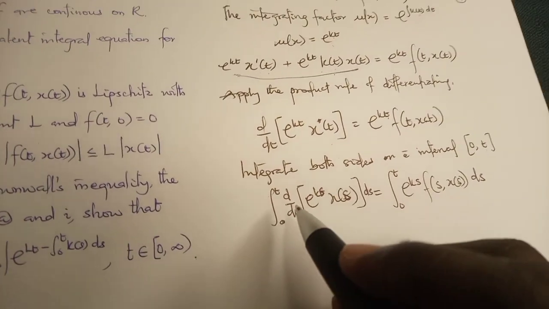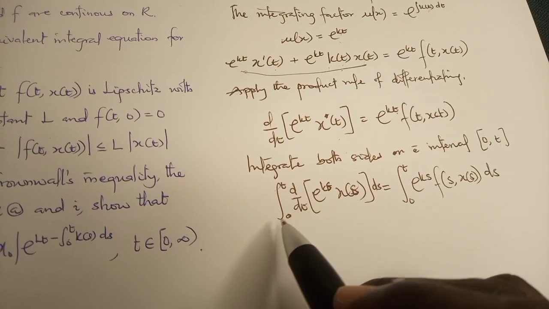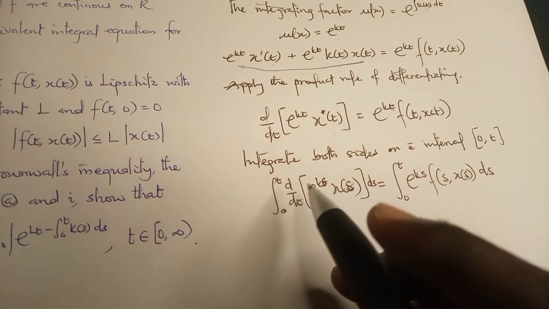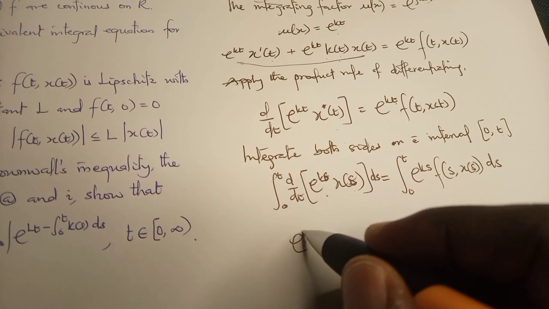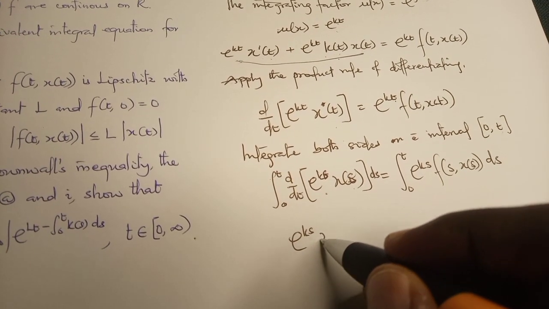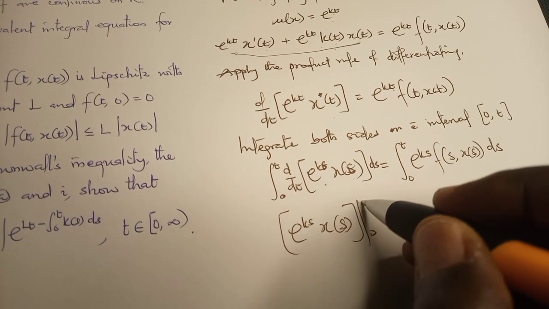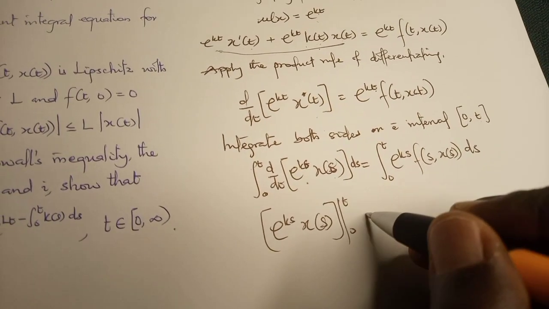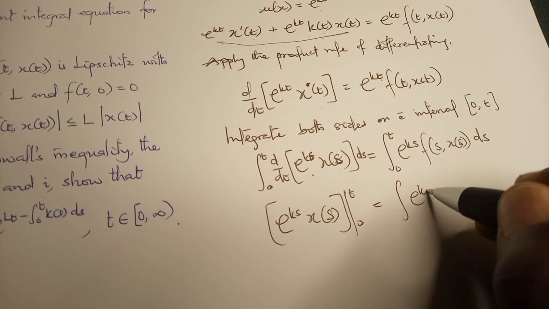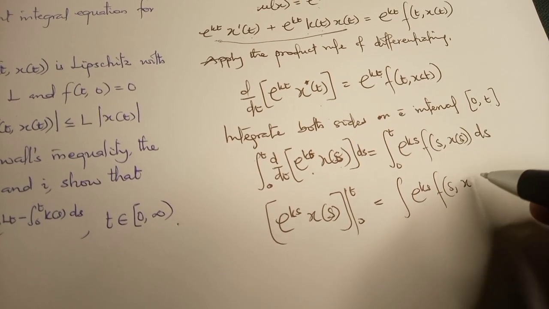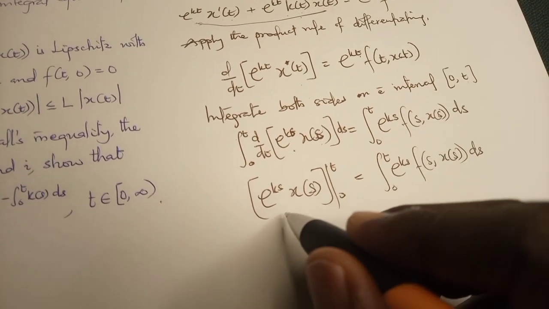Integrating this, since differentiation and integration cancel out, you get back your function here. So you have e exponent ks x of s over the limit 0 to t, equals the same thing, e exponent ks f of s x of s ds from 0 to t.